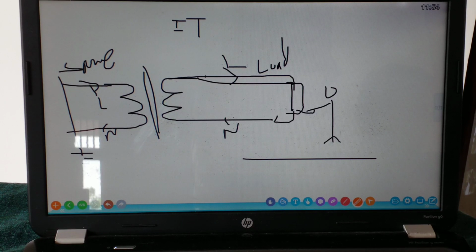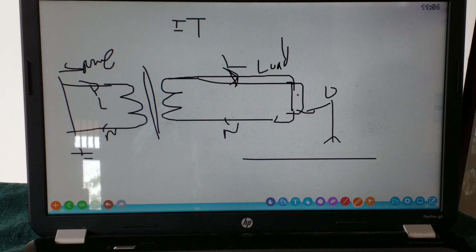Nothing will happen. This current will not even think to go to my body, because there should be a complete circuit, that means a closed loop, to have a current path.